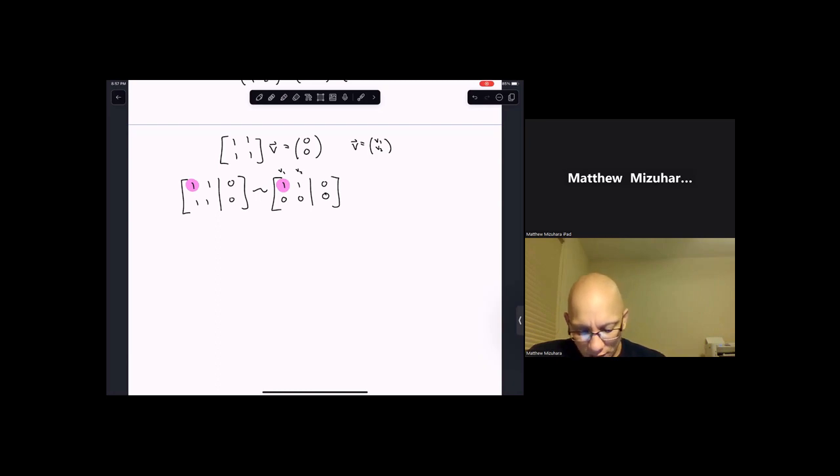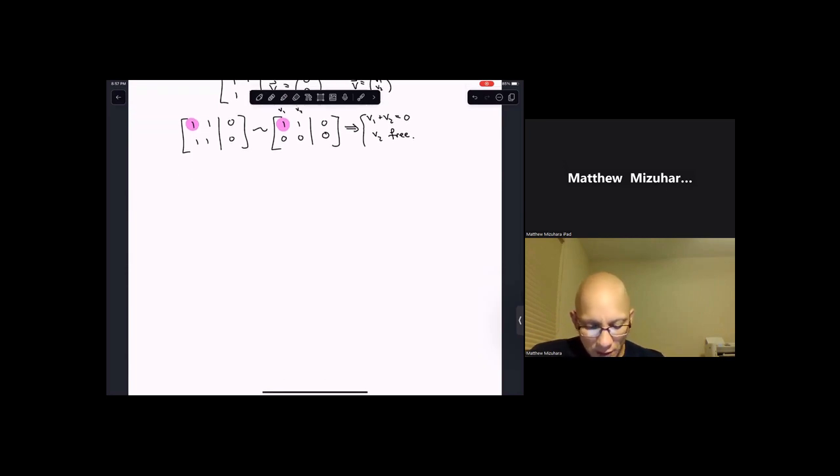When I translate this row reduced matrix back to equation form, I'm saying v1 plus v2 equals 0, and there's no pivot for v2, so v2 must be a free variable. Because when I'm looking for eigenvectors I want to write it in vector form, let's translate this back to v, which is v1, v2.